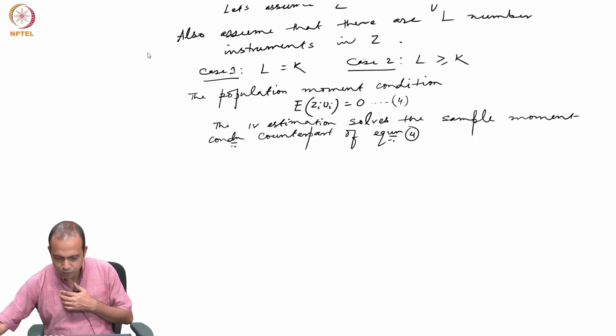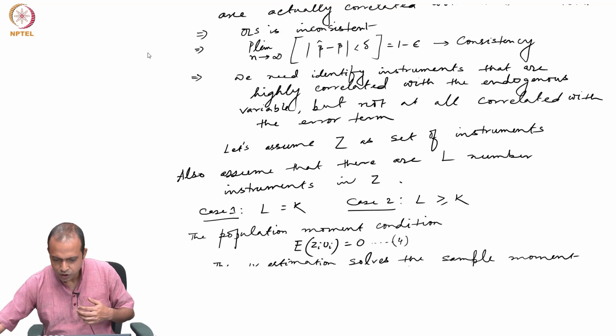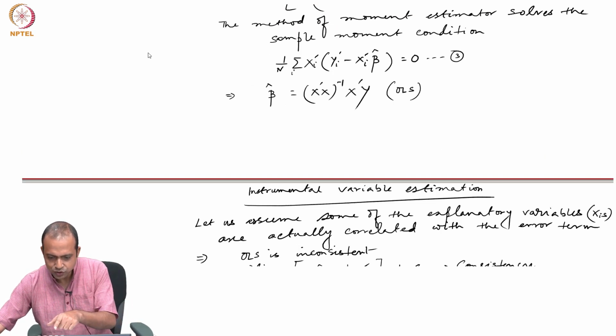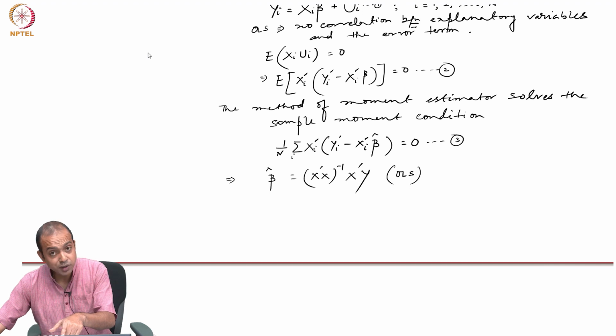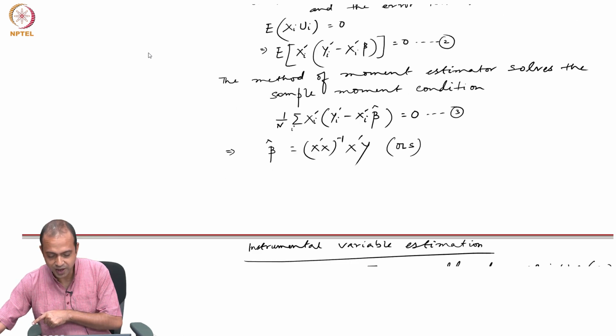So what would be the sample moment condition? Previously we saw that if this is my population moment condition, my sample moment condition is 1 by n summation xi into yi minus xi beta hat.